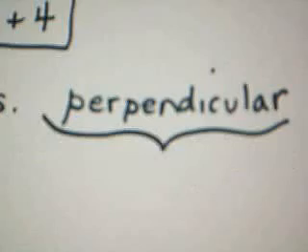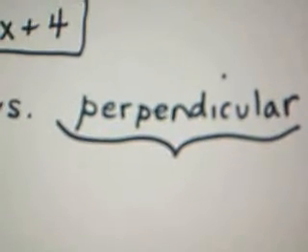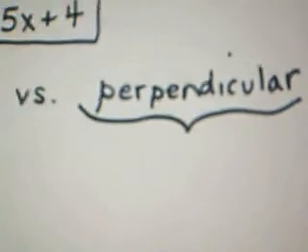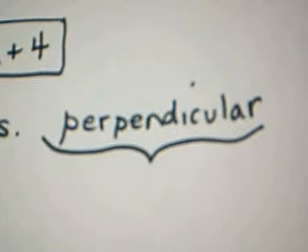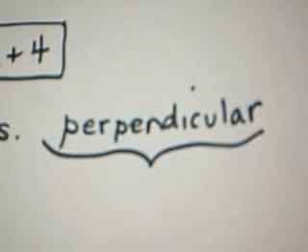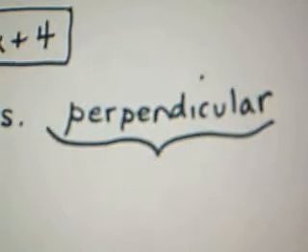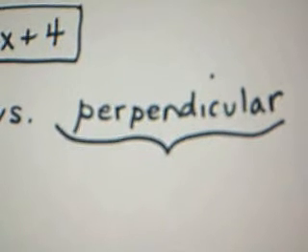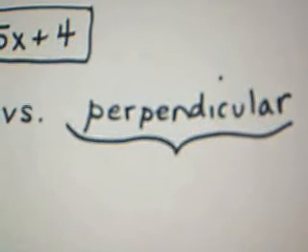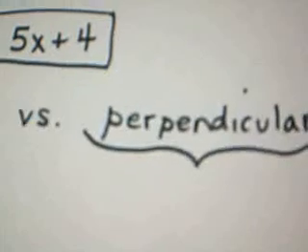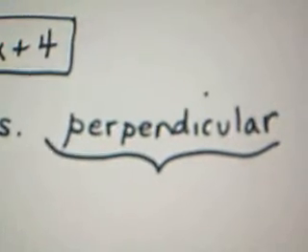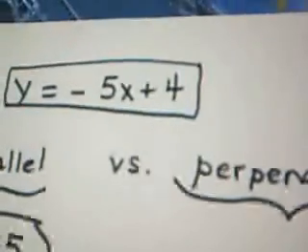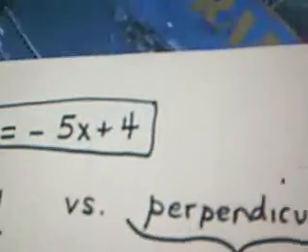Perpendicular means that the two lines meet at right angles to each other. What you need to remember about perpendicular is a little bit harder. If two lines are perpendicular, their slopes are opposite reciprocals of each other. What that means in English is, you take the number, in this case negative 5 to start with.